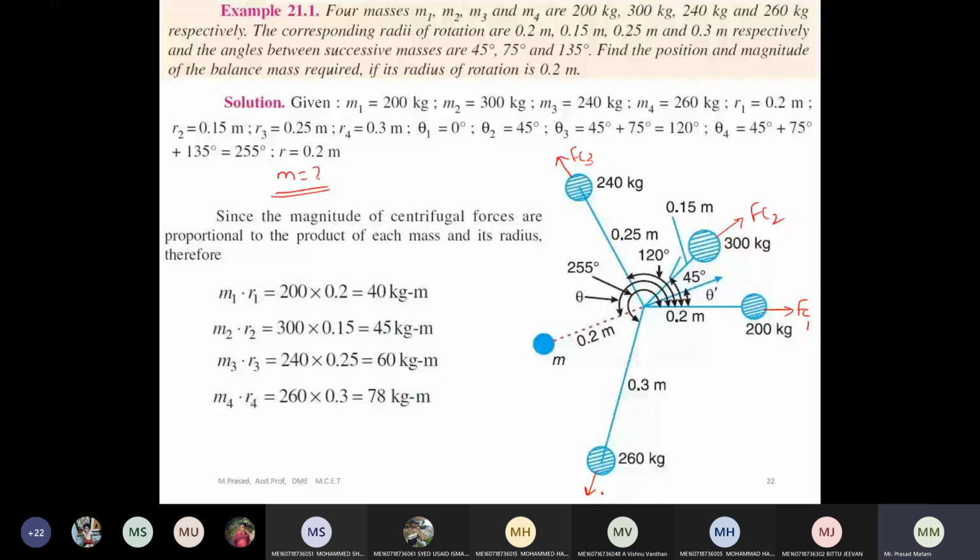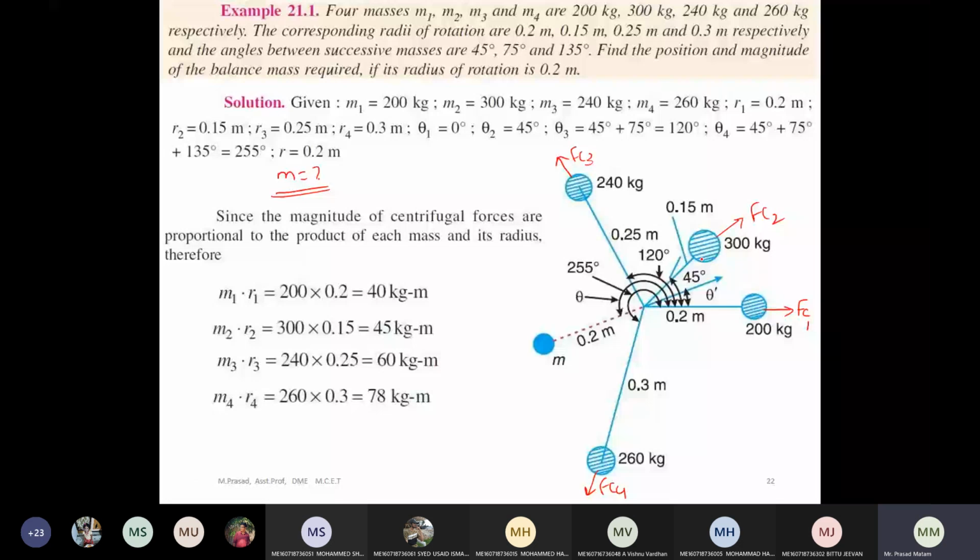The first mass m1, 200 kg, at a radius of 0.2 meter, makes an angle of 0 degrees. Next, the second mass is 300 kg, making an angle of 45 degrees with respect to the first mass at a radius R2 of 0.15 meter. Next, the third mass is 240 kg, making an angle theta 3, that is 45 plus the angle between these two masses, 75. Total angle is 120 degrees.